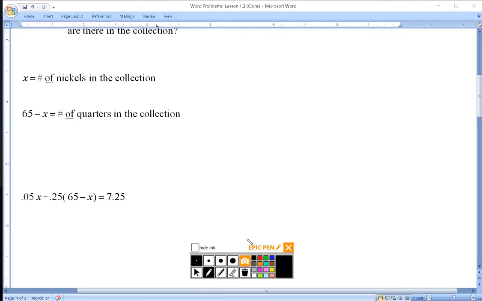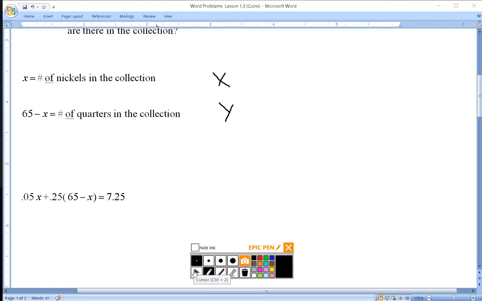Okay, so I could let x, say, represent the number of nickels, and let y represent the number of quarters. So now I have two variables, x and y. And it works very similar, except I might have two equations.